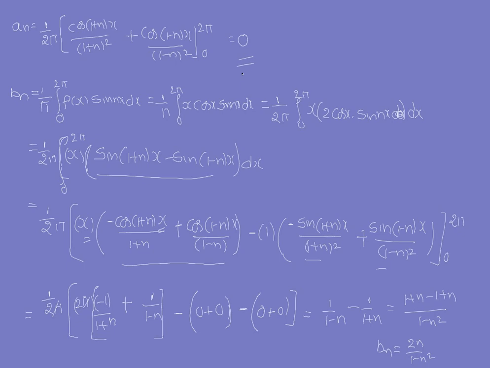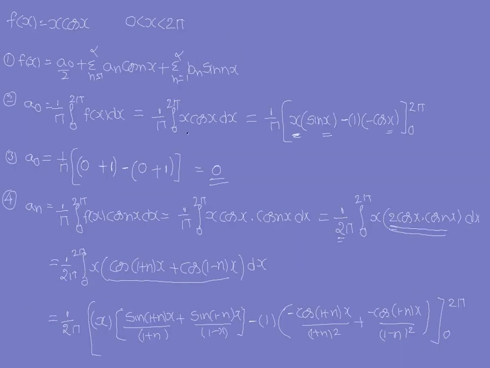Similarly the bn value you got as 2n by (1 minus n square). Substitute all these values a naught, an, bn in the first step, and you are going to get the Fourier series expansion. Okay, thank you.